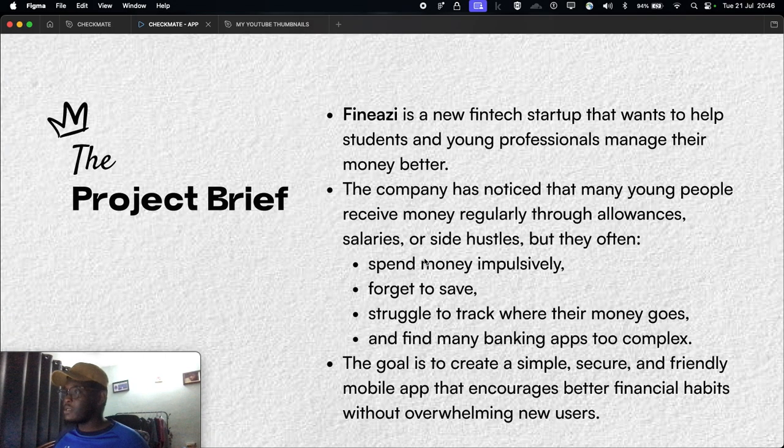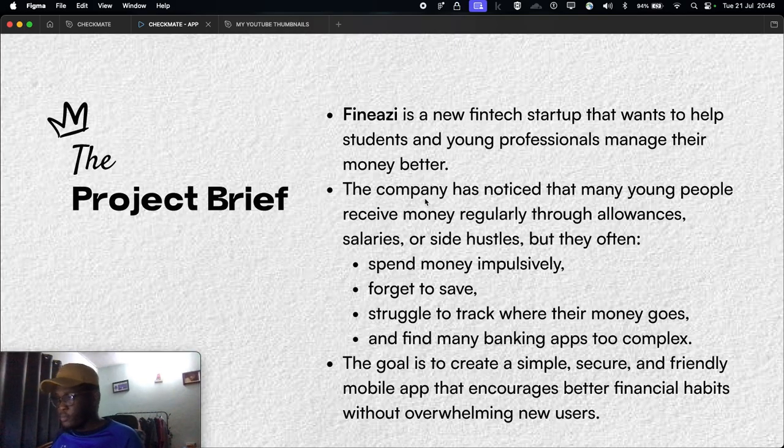Okay. So now to your assignment, I will still be sending this on the group though. Your assignment is, you remember FinEasy, the mobile app we designed. We are still going to continue with that. And your project brief is this. FinEasy is a fintech startup, and they want to help students and young professionals manage their money better.